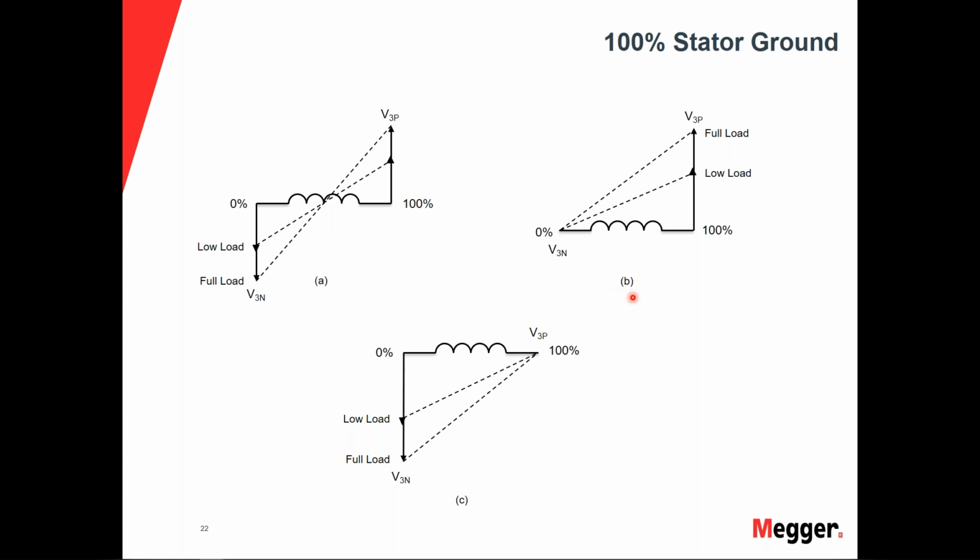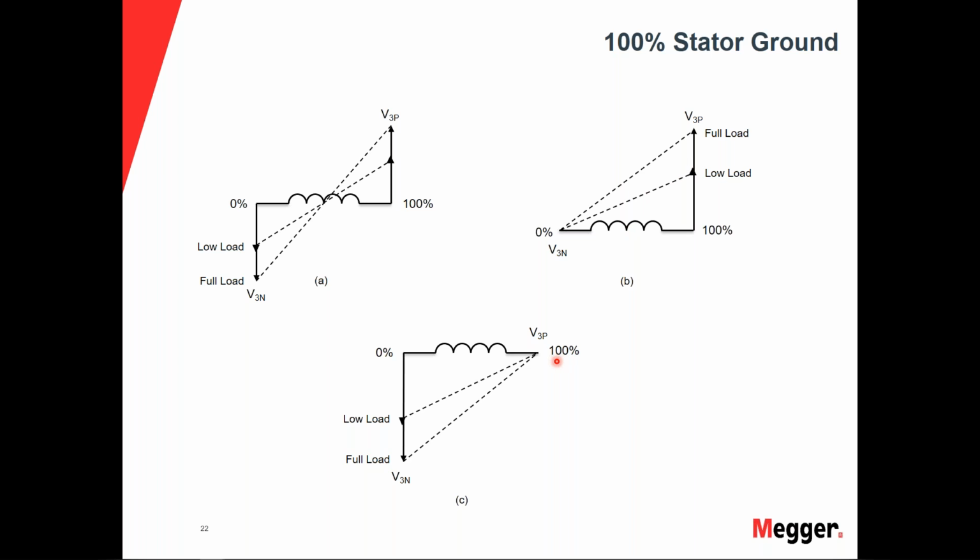When you look at figure B, we're showing that a ground fault occurs near the generator neutral. If a fault occurs near the neutral, then all of the third harmonic voltage will be going towards the generator terminal, and that way we'll be able to see the third harmonics going towards the generator terminal in this direction.